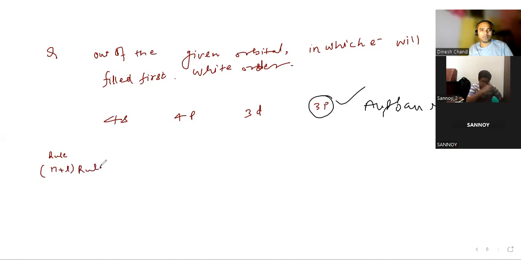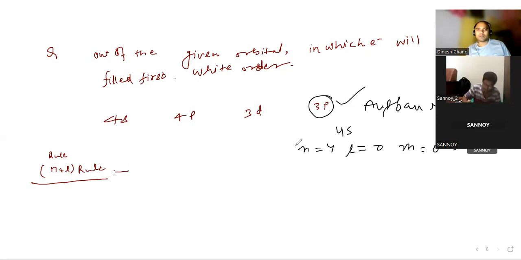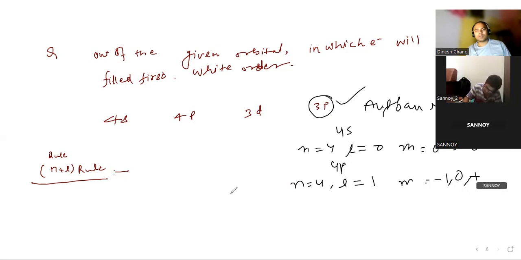Sir, the n plus l rule means that, for example, for 4s we have the quantum numbers n equal to 4, l equal to 0, m equal to 0, and s equal to plus or minus half. Sir, for 4p, n equal to 4, l equal to 1, m equal to minus 1, 0, plus 1, and s equal to plus or minus half.